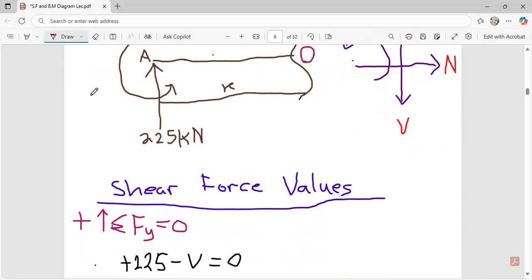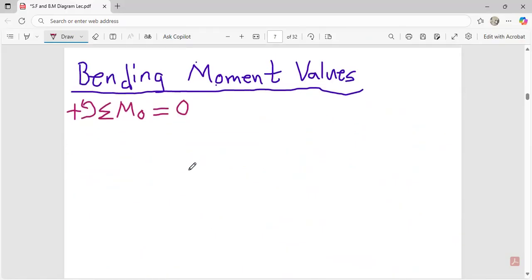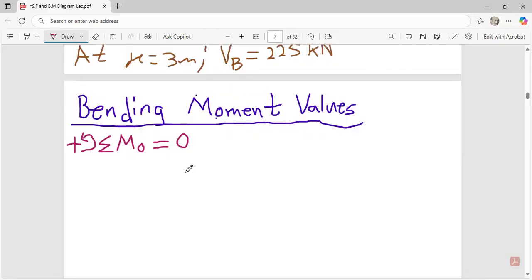So this is now going to become the sum of all moments at O. Sum of all moments at O should be equal to 0. Okay, good. So from here, we can now start taking our moment.